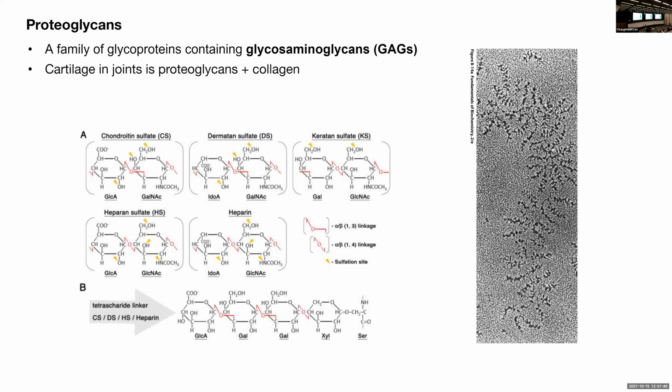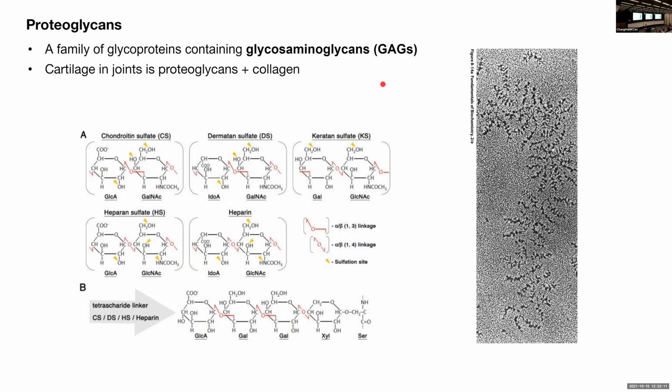Okay, so we're moving on to the different type of GAGs now. Here's a proteoglycans, and the name kind of doesn't mean too much, right? Proteo is protein, and the glycans are saccharides, and so it's pretty much like a glycoprotein, but it's actually a subgroup of glycoproteins, and it has to contain glycosaminoglycans or GAGs.